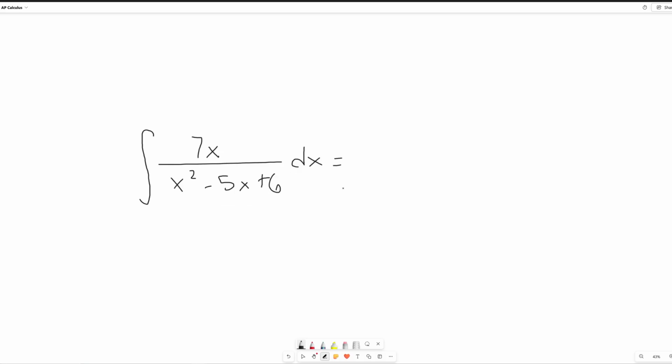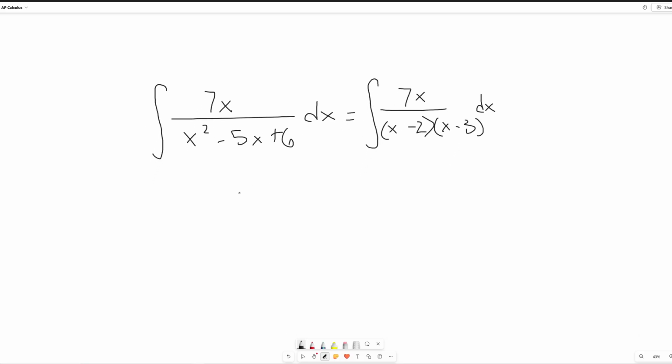We can split it up. So, the integral of 7x over x minus 2, x minus 3. Right. That's all well and good. Now, we still can't do anything with this until we split it up.